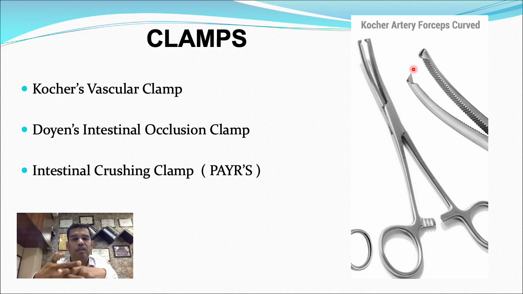But in the case of Cocker's clamp, when you close it, this end will close up first. So there is no tendency of the structure to slip. It is very important when you are ligating important arteries, as in the renal artery in a nephrectomy, or the splenic artery in a splenectomy. So this is a Cocker's vascular clamp.